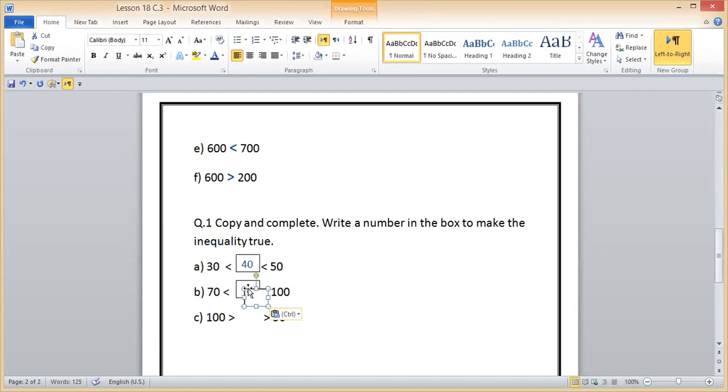And then we have C. 100 is greater than that number, and that number is greater than 50. Again, this is from 50 to 100.